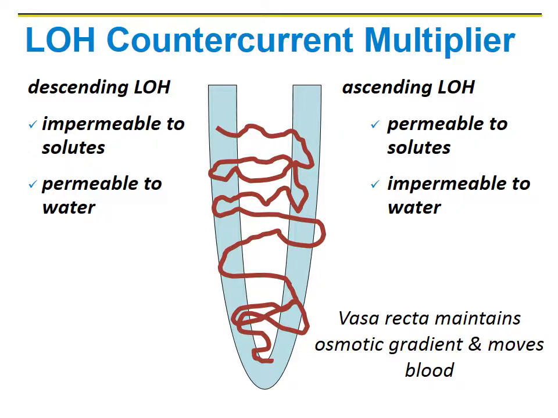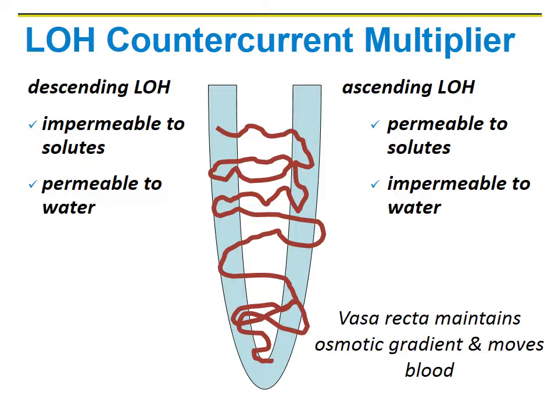This limb makes the gradient. The descending limb has nothing to do with transporting salts. Instead, the descending limb is permeable to water. Water will diffuse out of the descending limb according to the osmotic gradient.